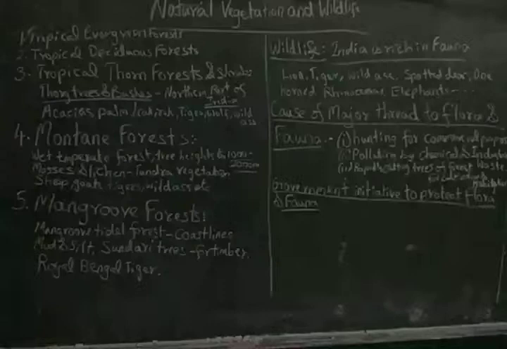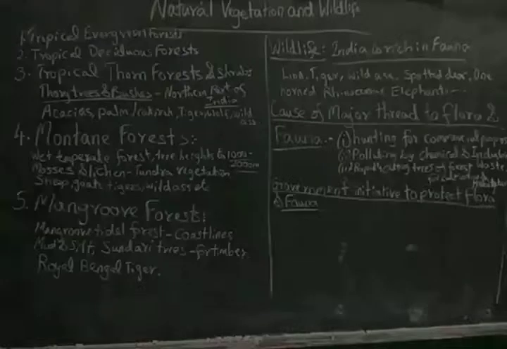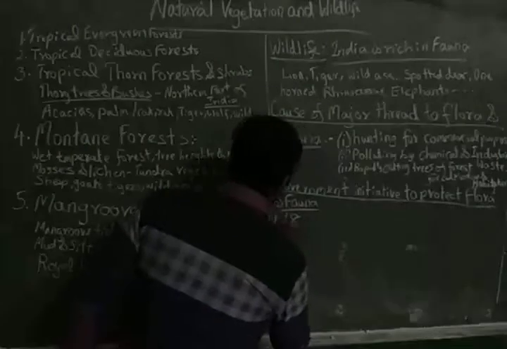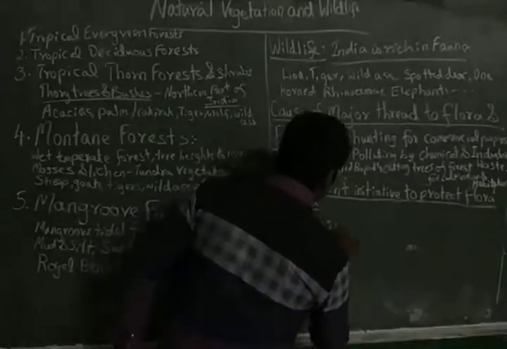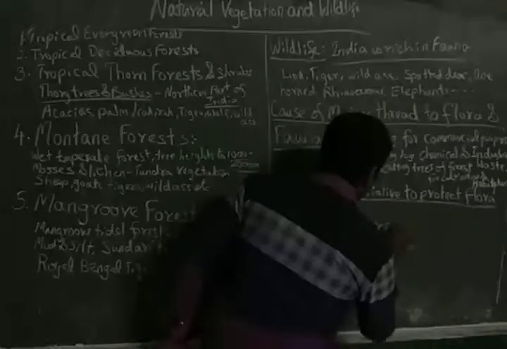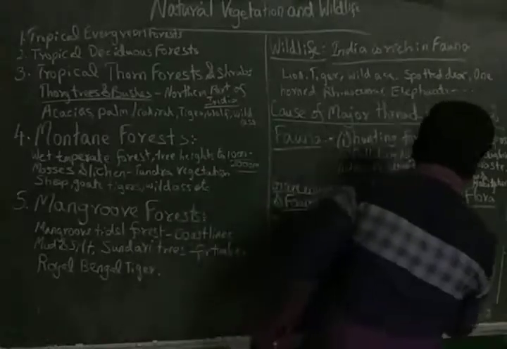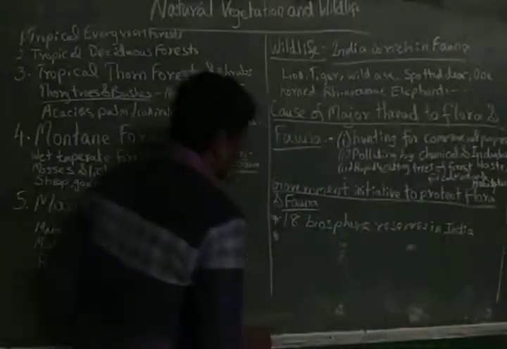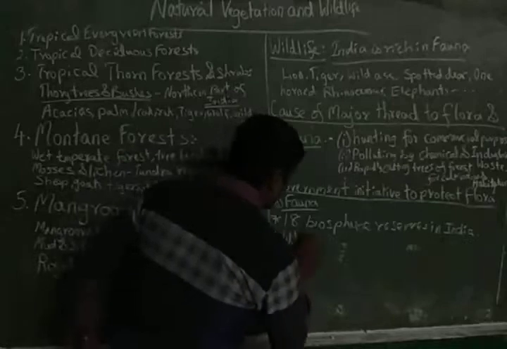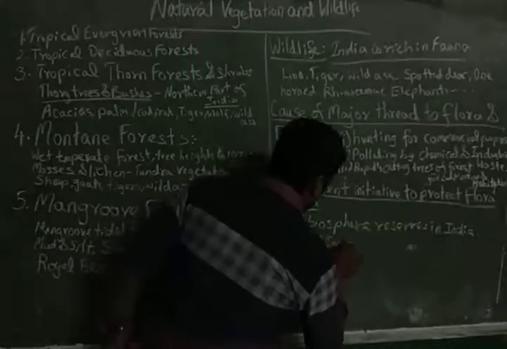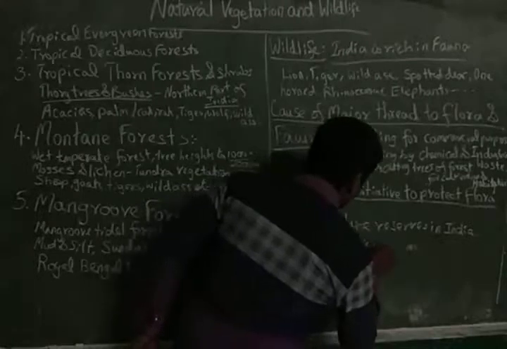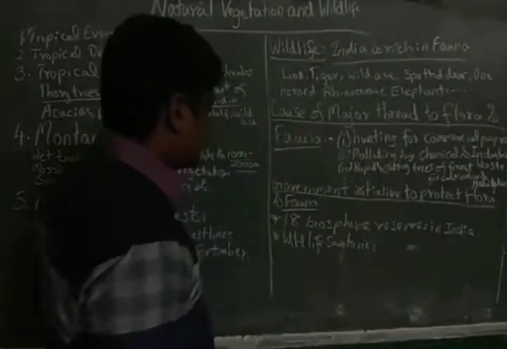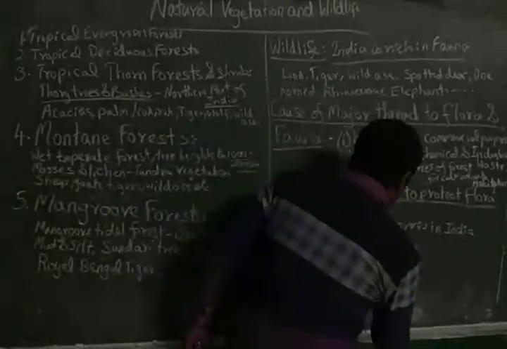So shall we have a short recap before that? What are the initiatives taken by the government to protect flora and fauna? 18 biosphere reserves in India. And what is the next thing? Wildlife sanctuaries and zoological gardens.